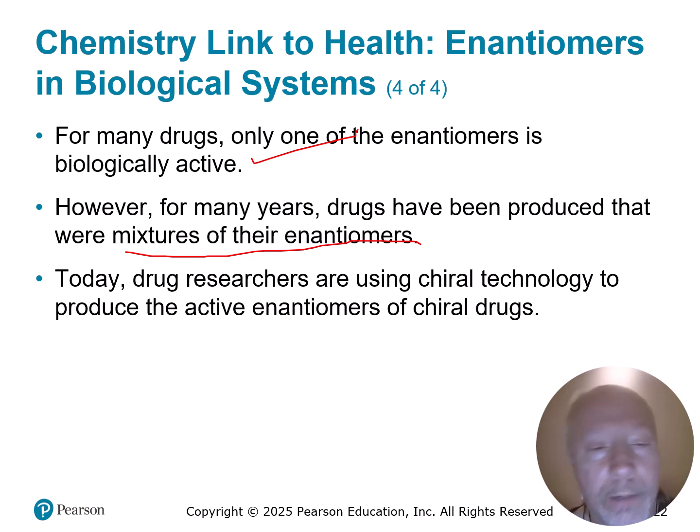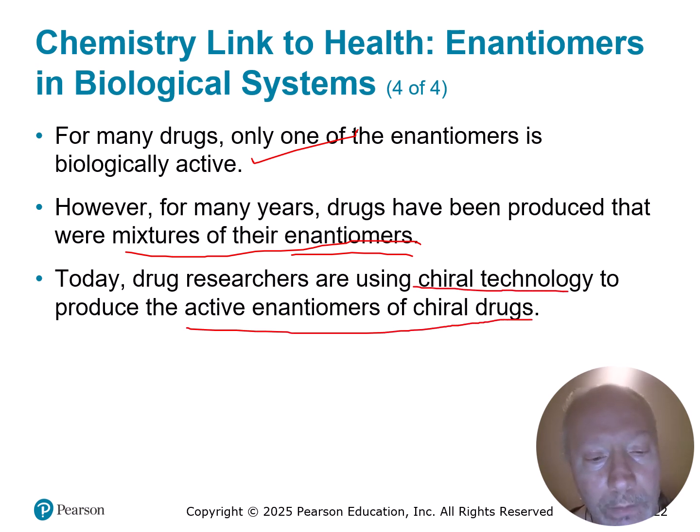Or maybe not exactly half, because some enantiomers are easier to make than their partner, the other enantiomer. So today's drug researchers definitely use chiral technology to produce the active enantiomer of chiral drugs. Very important if you go into pharmacy.